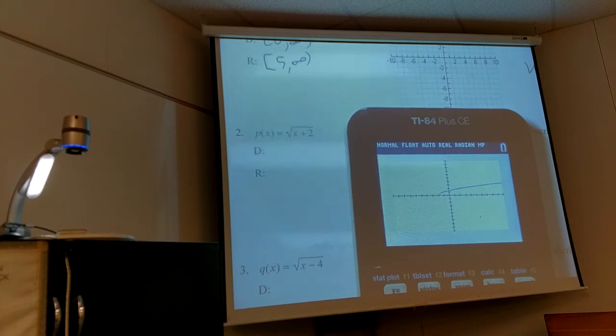In fact, what is the domain of this if I just do it by hand? How do I find the domain of square root of x plus 2? x plus 2 has to be, so x has to be greater or equal to -2. Before I had to start at 0. Now it's allowed to start at -2 because the first thing I do to them is add 2 to them. That's why you always do the opposite of what it looks like when it's in with the x.